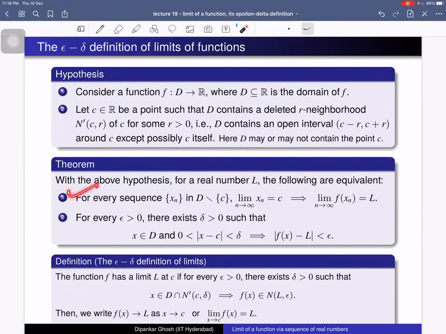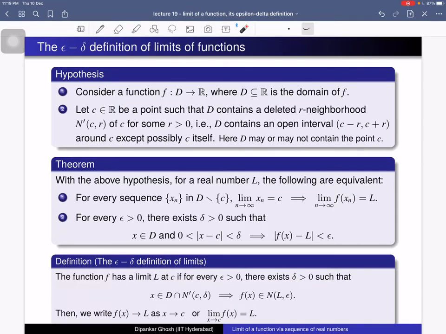First, for every sequence x suffix n in this set, so all the terms of this sequence are points of D and no term can be equal to c, if this sequence converges to c, then the sequence of function values should converge to L.